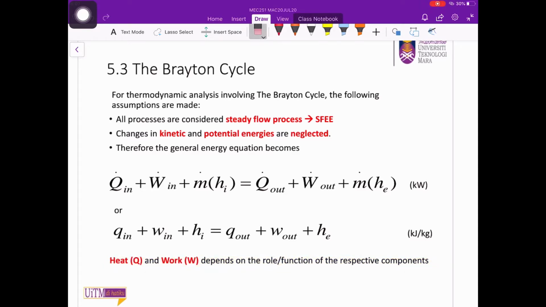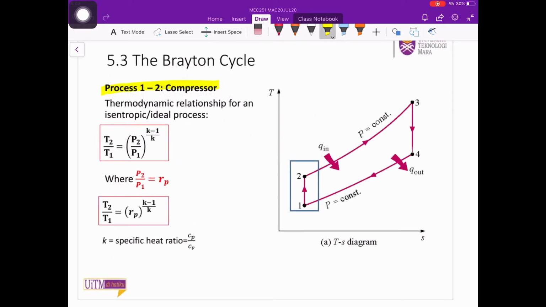Now let's have a look at the method to analyze each of the devices involved in the Brayton cycle. For process 1-2 across the compressor, since this process runs isentropically, we can use the isentropic relations for ideal gases.